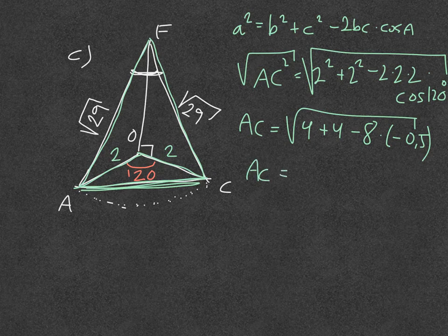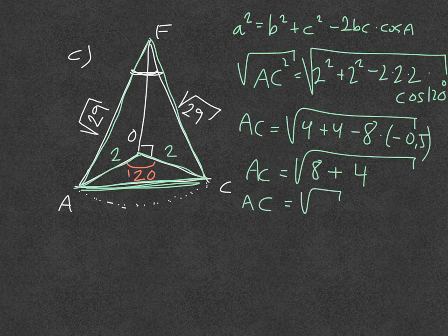So AC equals square root of 8 minus 8 multiplied with negative 1/2, so that's 8 plus 4. So AC equals square root of 12. So this is the square root of 12.